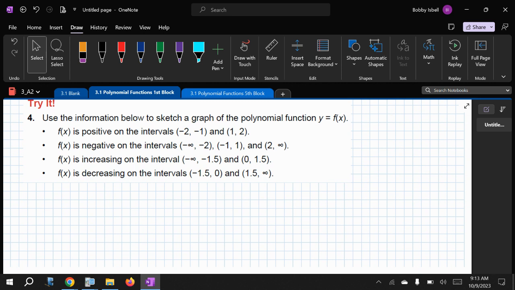See if you can get the x-intercepts in the right spot. Get a rough estimate for everything else, other than the maxes and the mins. Maxes and mins, the x values of those everybody should be the same, but your y values could be different.